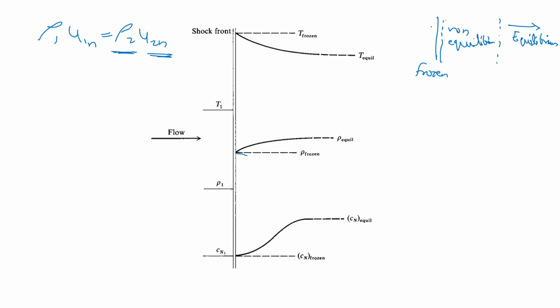As translational energy goes to these modes, temperature will decrease until equilibrium is attained, and we will get a temperature equal to T equilibrium. The temperature also decreases because dissociation is happening. In dissociation, energy is required, so energy is lost from the translational energy.